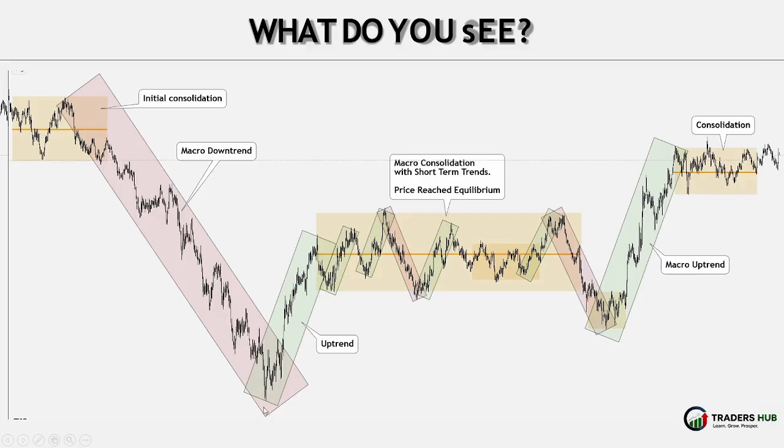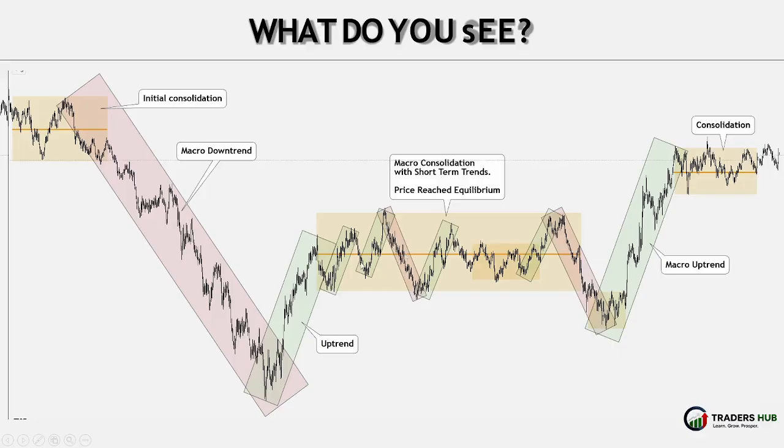And again, when we got to this level, the price shifted into an uptrend. You can see here. And when it got to this level, it reached an equilibrium and it started to consolidate.